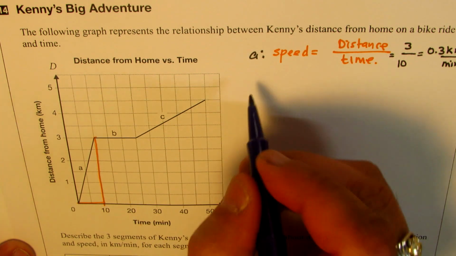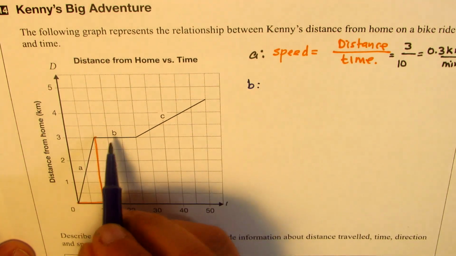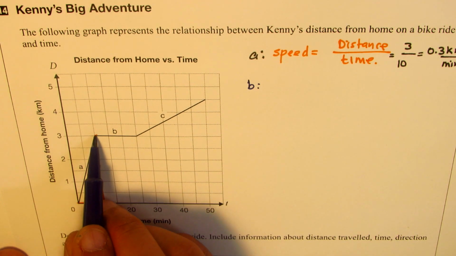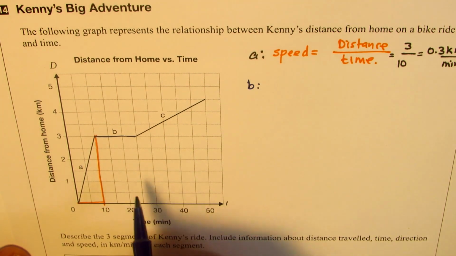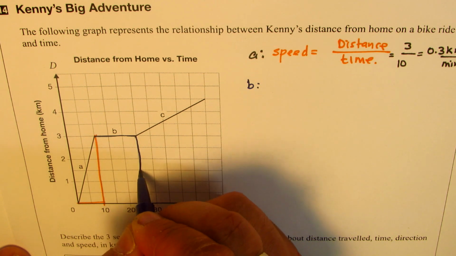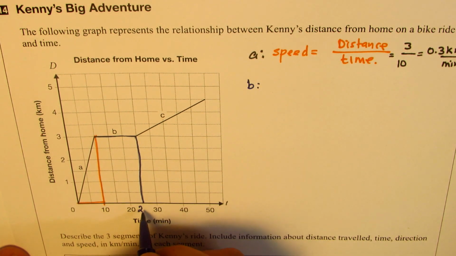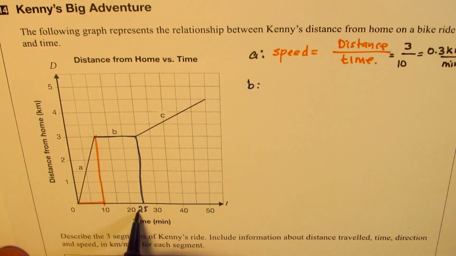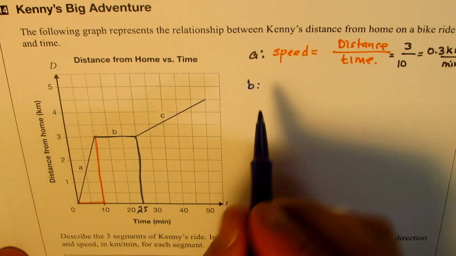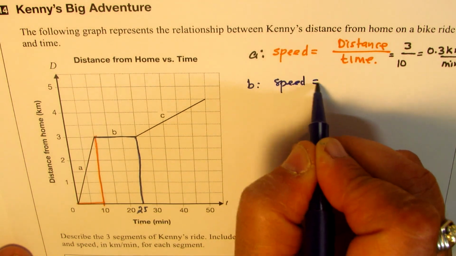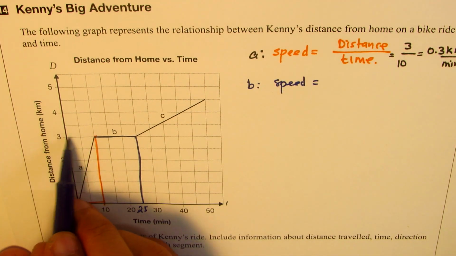Now let's do part B. In part B, what do we notice? We see this horizontal line. That means in this duration, which is from 10 to 25 minutes, right? The speed is 0, right? If you calculate the speed here, what do you get? Distance traveled is 0.